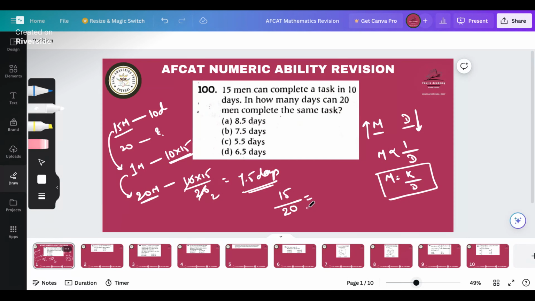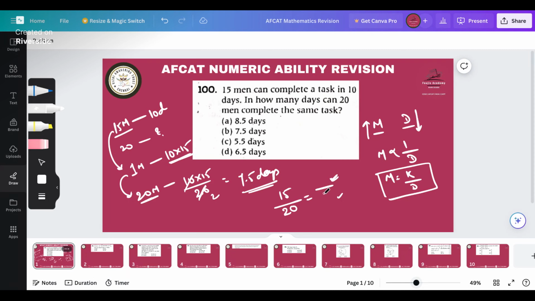The men and days are inversely proportional, right? So if they are inversely proportional, will you be writing the number of days corresponding to 15 in the numerator or the denominator? Had it been directly proportional, we would have written it in the numerator. But since it is inversely proportional, we will write it in the denominator.